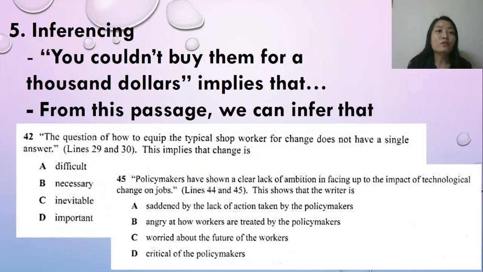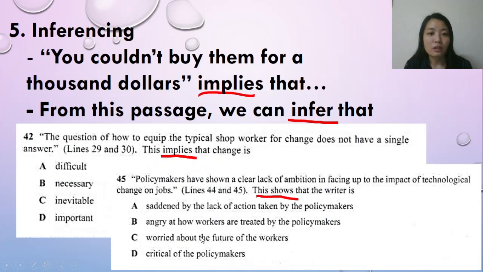And then they like to ask you inferencing questions as well. You couldn't buy them for $1,000 implies that, and from this passage we can infer that. They'll ask you, okay, what can you infer? Sample here. The question of how to equip blah blah blah, this implies that, okay, this shows that. They like to ask you these kinds of questions.